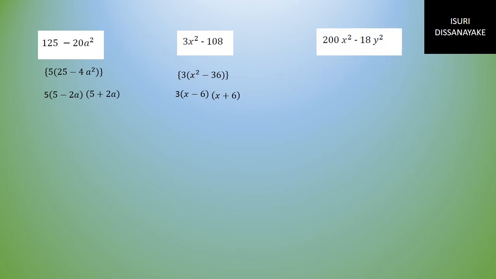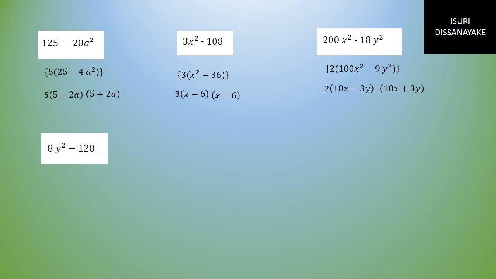We have 200x squared minus 18y squared. We will bring 2 out from the bracket. Now we have 100x squared minus 9y squared. So we have 2 out from the bracket, then (10x minus 3y)(10x plus 3y).